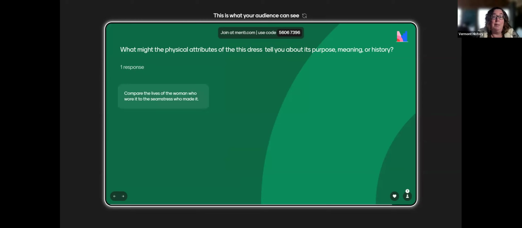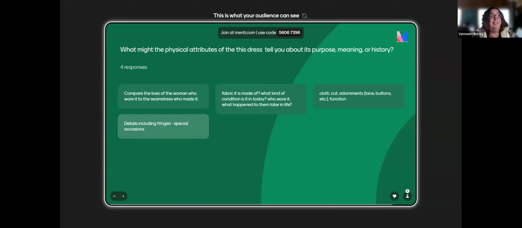The lives of the women who wore it and the seamstress who made it. Yeah, fabric, what kind of condition, who wore it. Cut, cloth, adornments, function, how the colors compare to a more functional dress, the fringes, the details, special occasions.